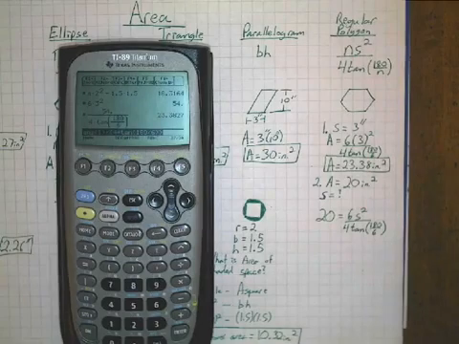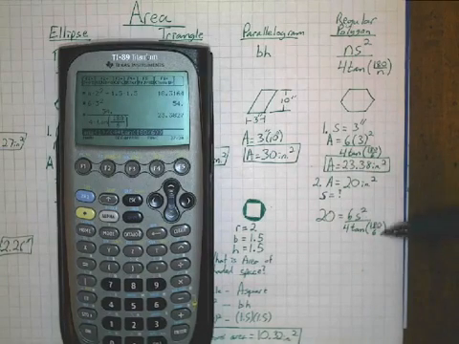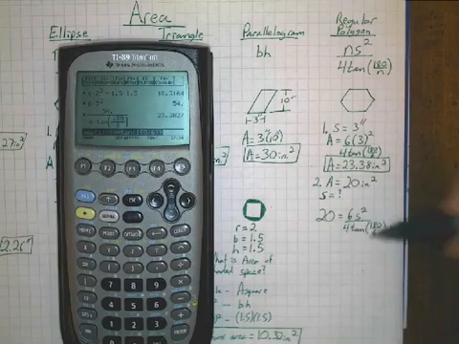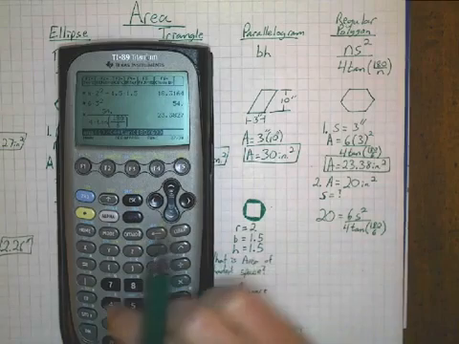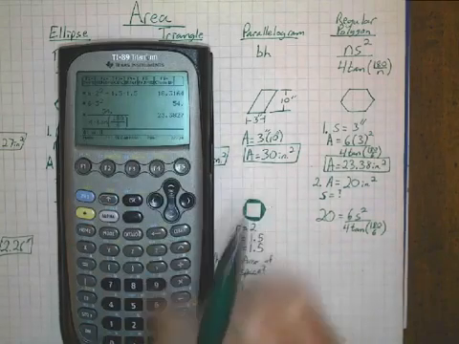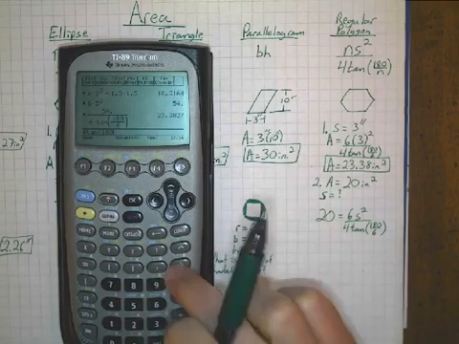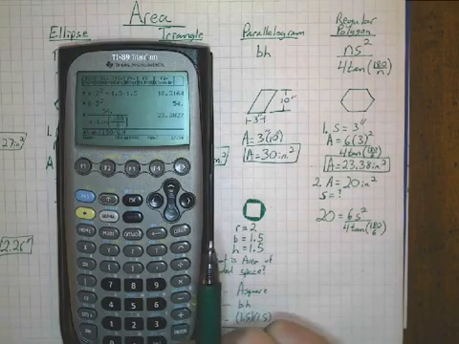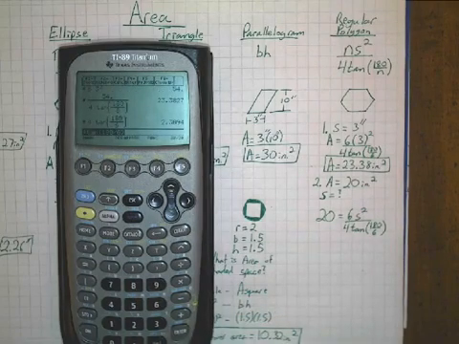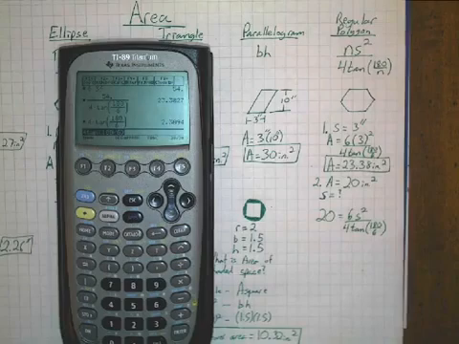So to find my side length, I need to first do this portion down here. So let's do 4 times the tangent of 180 divided by 6. I get 2.309, just like I did before when I was doing my problem.